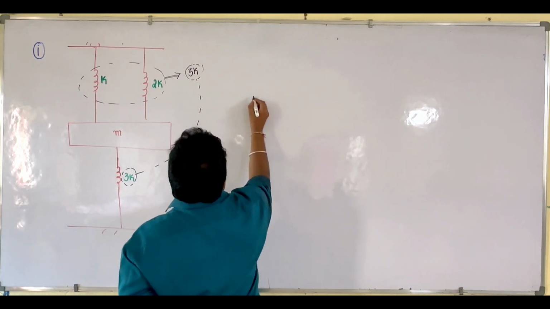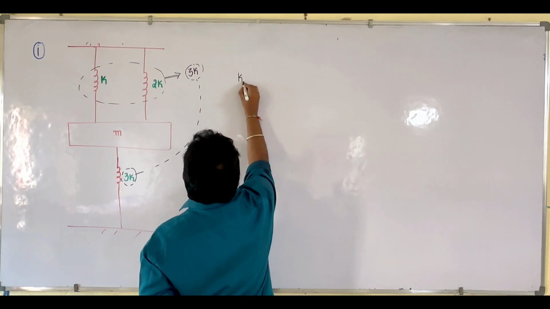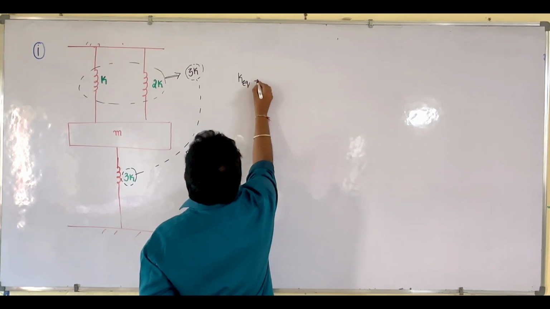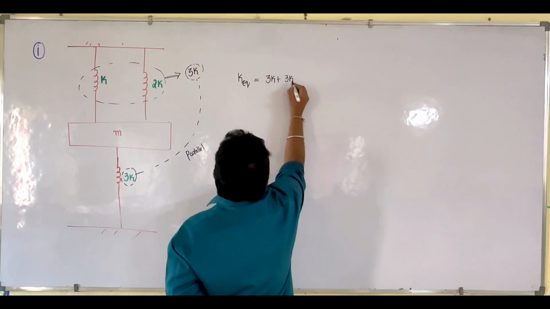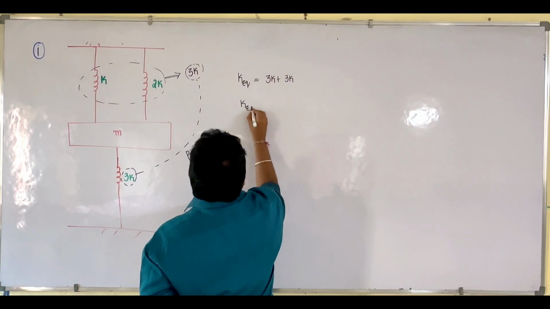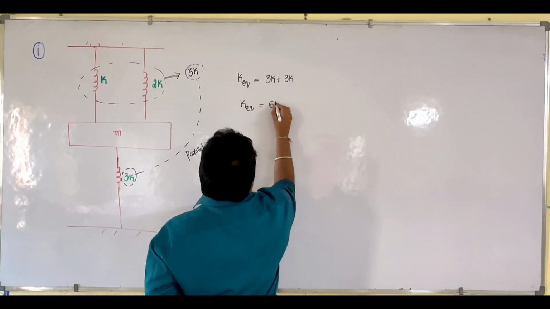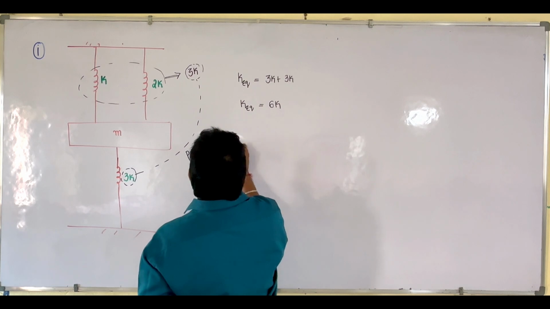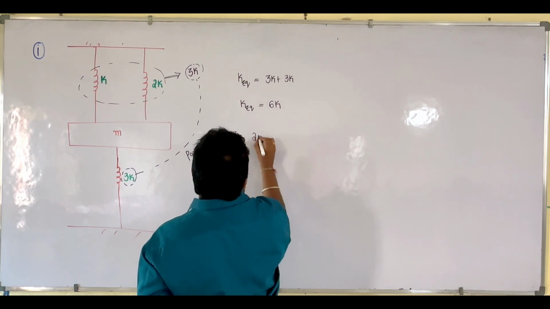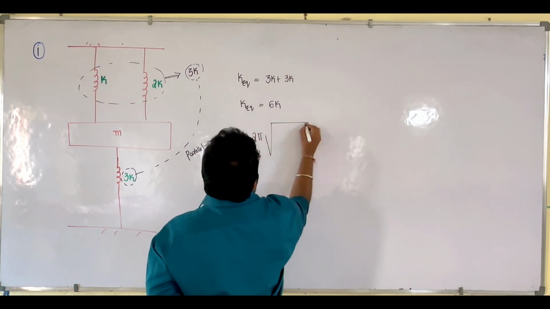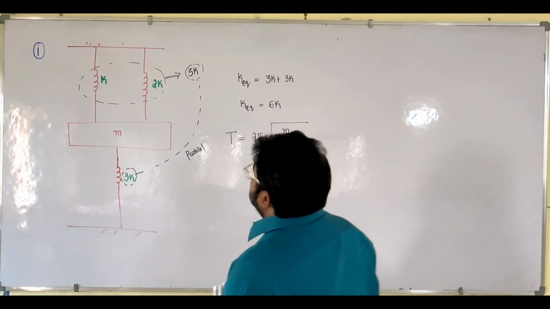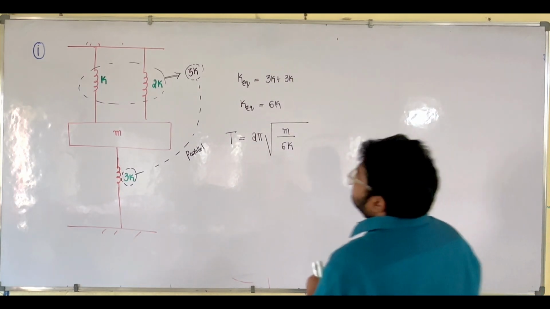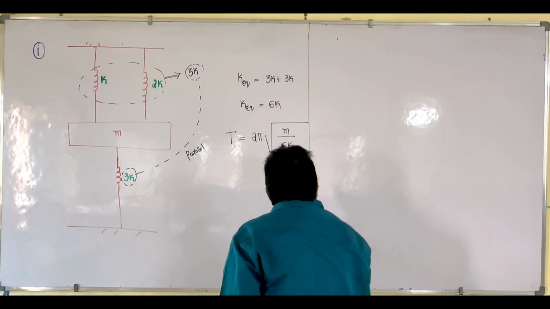Then K equivalent equal to how much? 3K plus 3K, which is 6K. Then what is the time period of oscillation? 2 pi square root of m by 6K. Next.